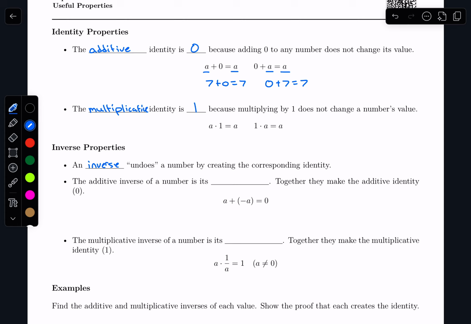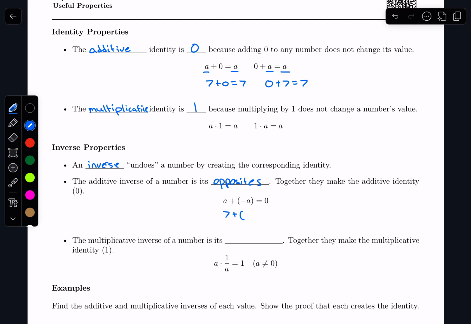The additive inverse of a number is its opposite. So if you recall from previous lessons, we talked about opposites of numbers. That just means to make the number negative, or if it already is negative, make it positive. And together, a number and its opposite make the additive identity, which is 0. So for example, if we have a plus negative a, that gives us 0 because the a's cancel each other.